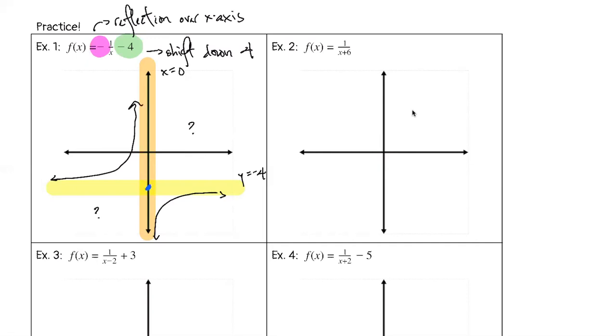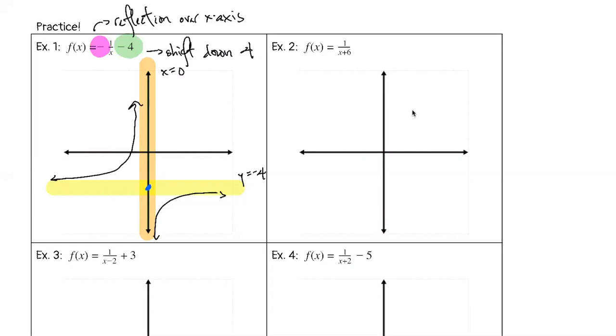Okay. And so this, without the question marks, let's get rid of the question marks, that is a graph sketch of your f of x equals negative 1 over x minus 4. Okay. Now, if you're thinking about the order of graph transformations, then what we need to make sure we do is that we actually reflect it before we move our function down, okay?